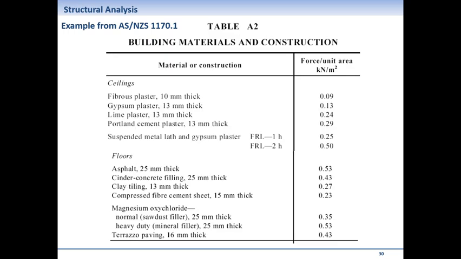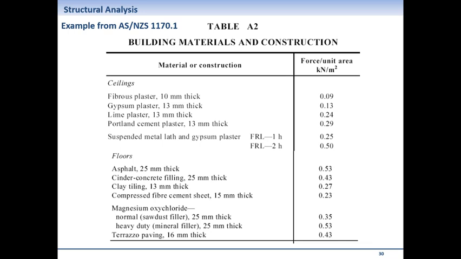This is another table. It's slightly different. The numbers that are given here are kilonewton per square meter. The previous one was per unit volume. This is per square meter. And that's why you see a mention of thickness.